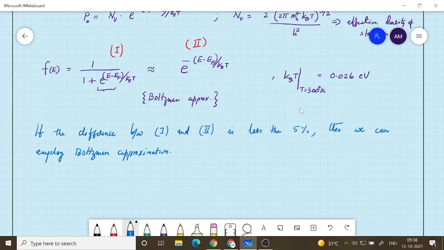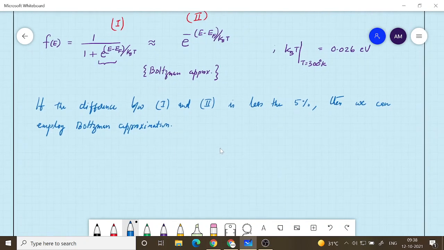So what do I mean by 5%? Suppose at some particular temperature we consider the percentage change. How do we calculate it? We take the difference between expression 1 and expression 2, divide it by the original expression, and multiply by 100.